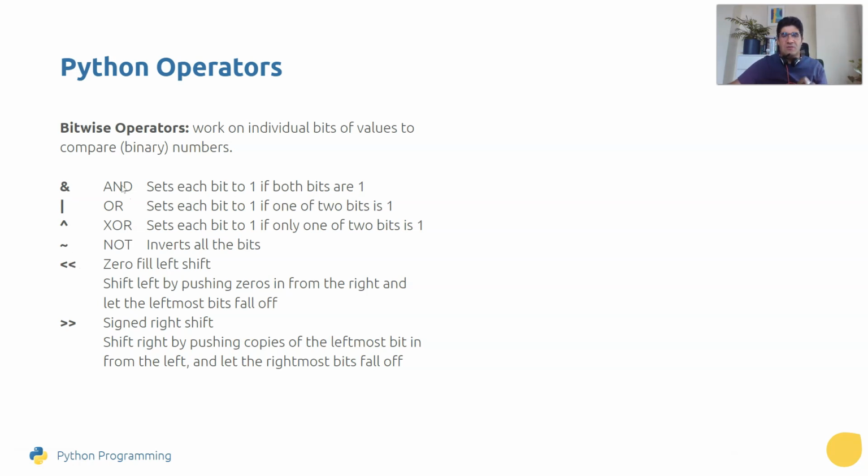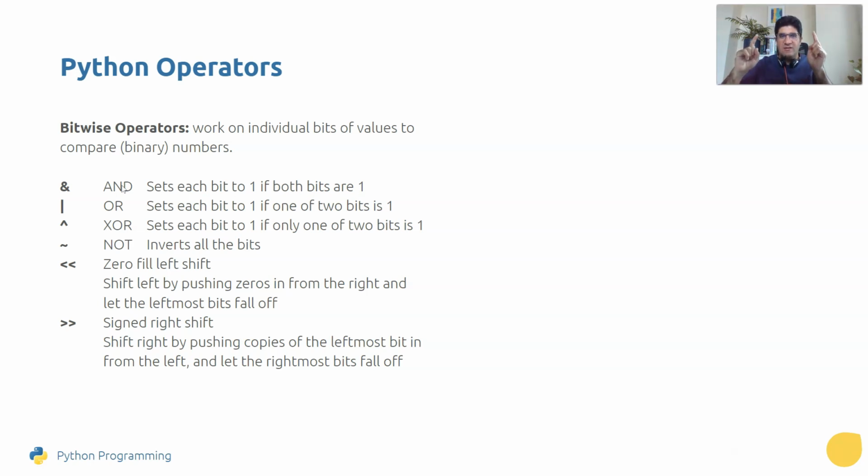Let me give you an example. When we declare or create an integer variable, for example, when we say x equals 4, the Python interpreter assigns 4 bytes to this variable in memory, and each byte has 8 bits.